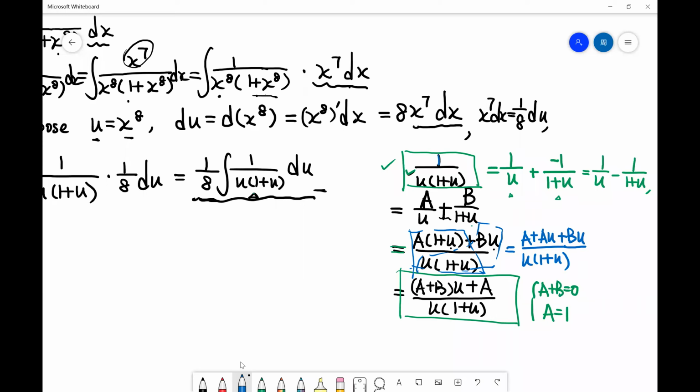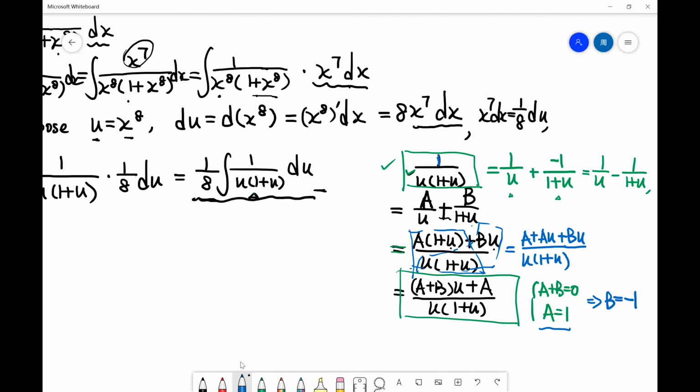And the numerator here is 1. That means a plus b should be 0, because 0 times u equals 0, right? And a should be 1. So we have a equals 1, and of course b equals minus a, right?